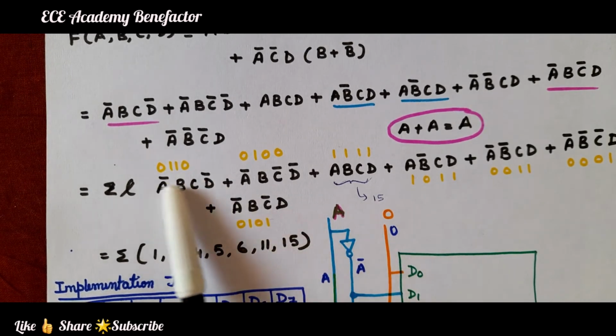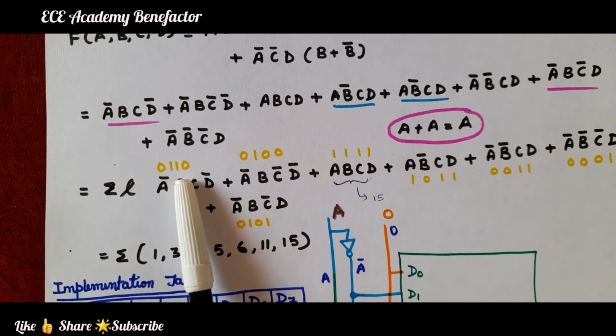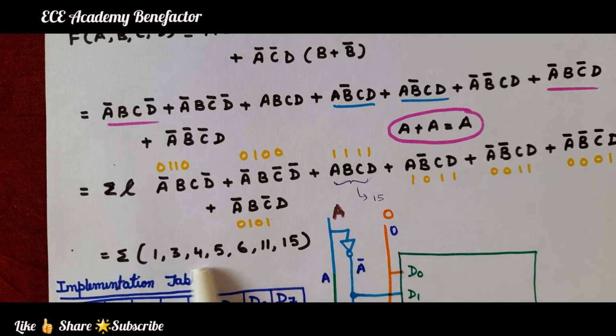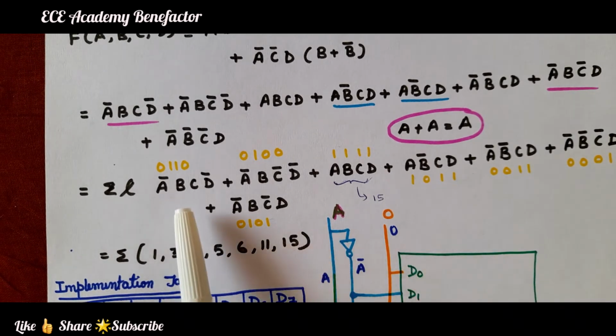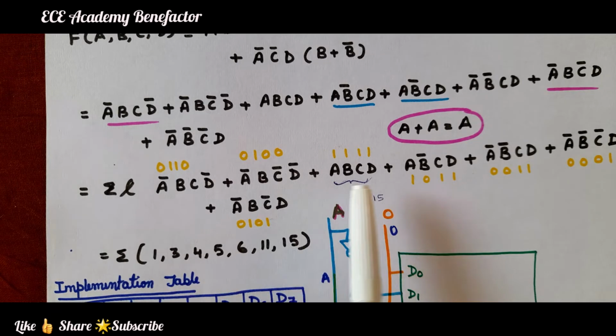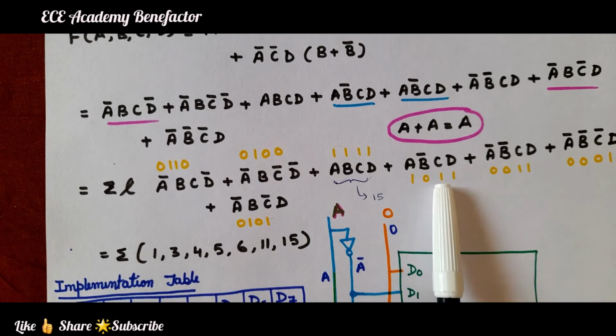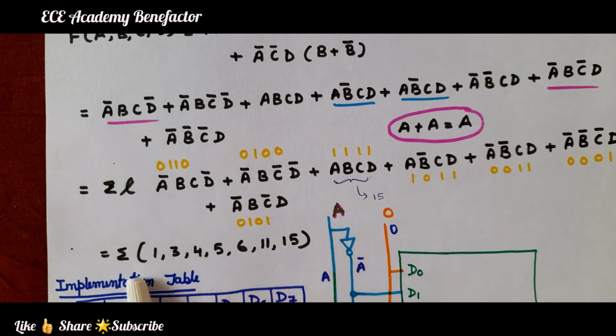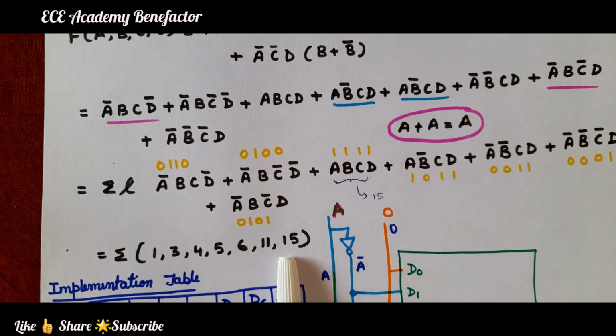So, you are getting here for this term 0110 and so on. We have written the binary numbers for our convenience to write the list of minterms. So, here this is 6, 4, 15, 11, 3, 1 and 5. Those list of minterms are listed here: 1, 3, 4, 5, 6, 11 and 15.